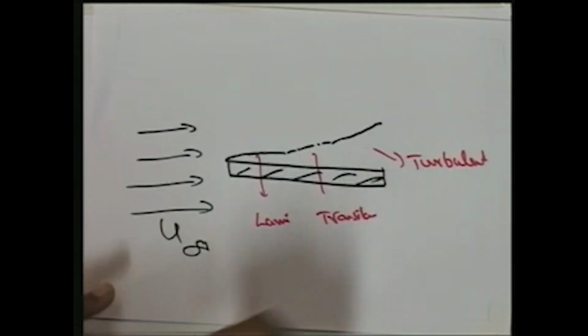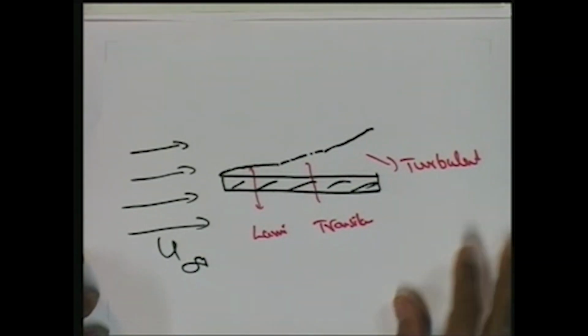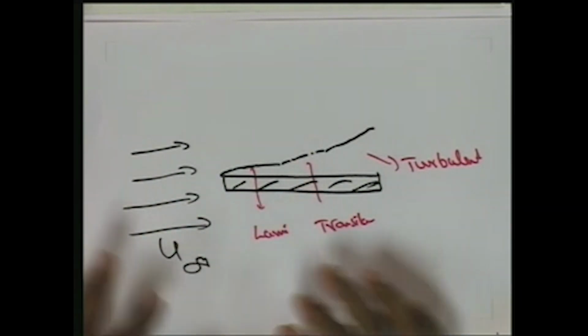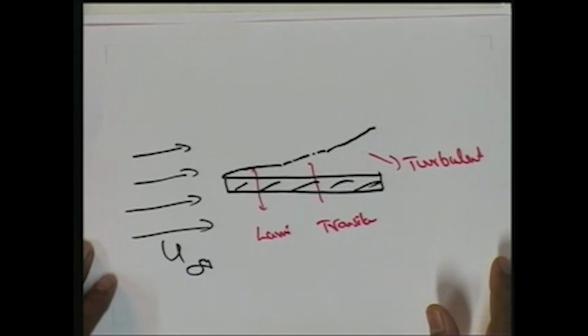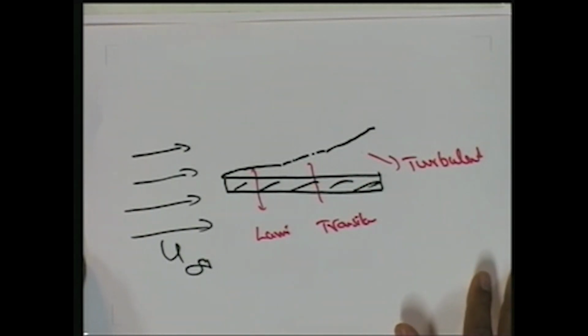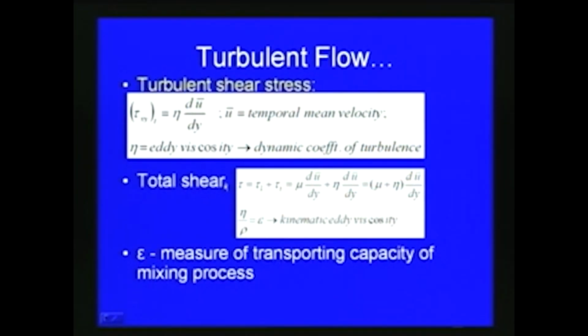So, generally when we discuss the shear stress, here you can see that the flow is coming and turbulence is generated after some time for the flow over a flat plate. When you consider the total shear stress, as you can see in this slide, tau is equal to tau laminar plus tau turbulent.